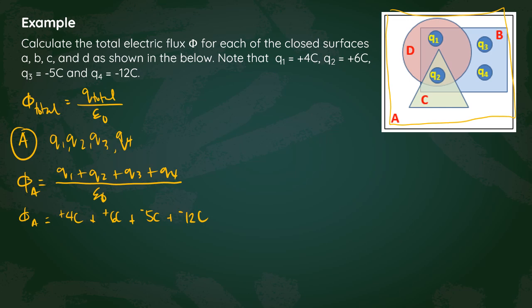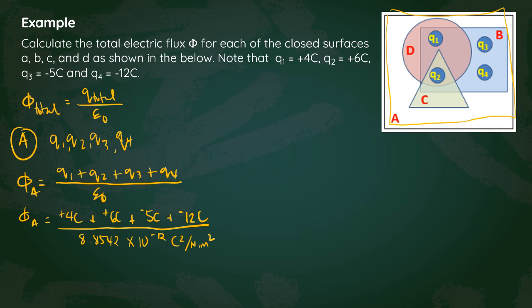negative 7. Of course, you need to divide that by the permittivity of free space, which is 8.8542 times 10 raised to negative 12 coulomb squared per Newton meter squared.